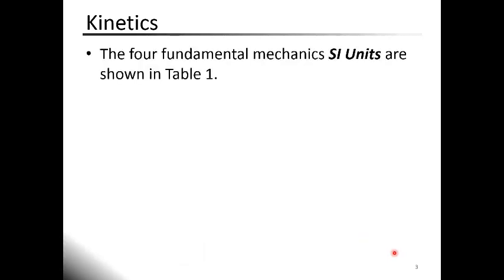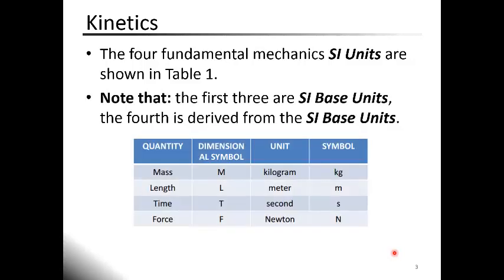We have generally in the dynamics four units. We call them SI units because we are following here the SI units, the International System of Metric Units, and they are shown in this table.